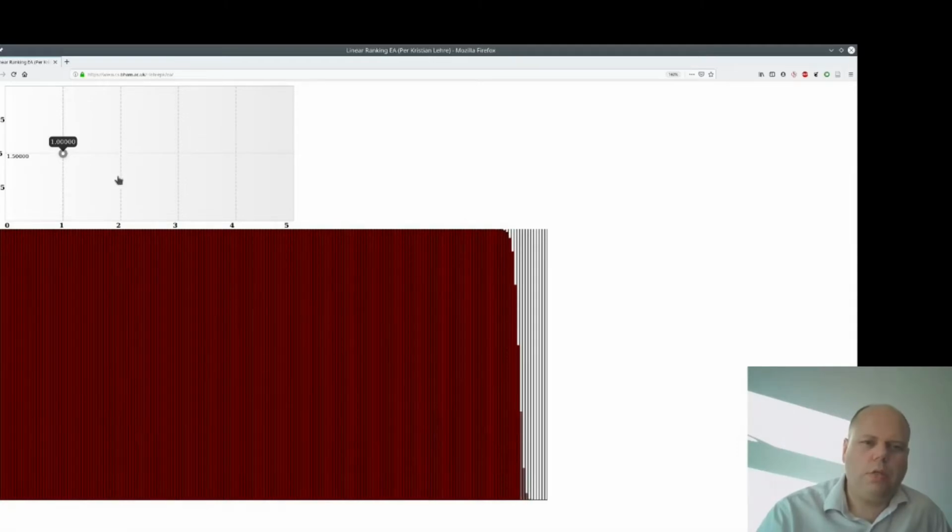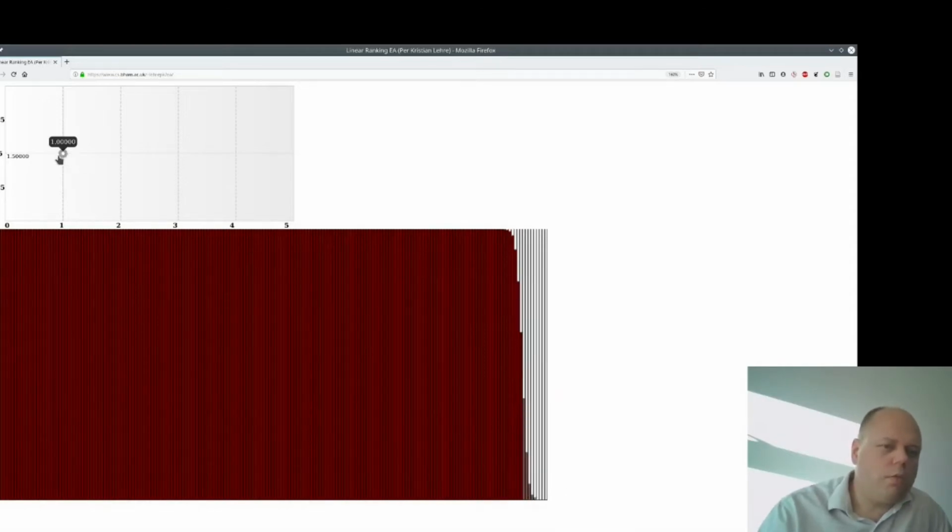Okay, so with these parameters, mutation rate 1 over n and eta equal 1.5, it seems that this is going to take a very long time to find the optimum. So what we can see here now is that to find the optimum we can increase the selective pressure and decrease the mutation rate.